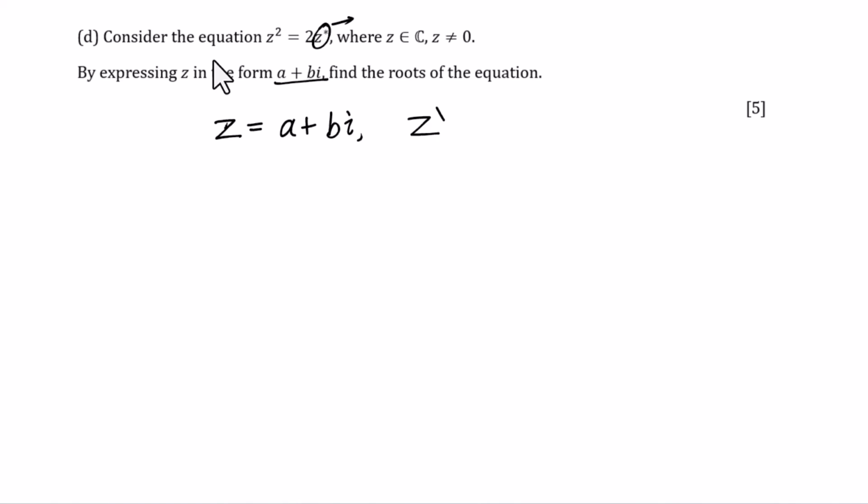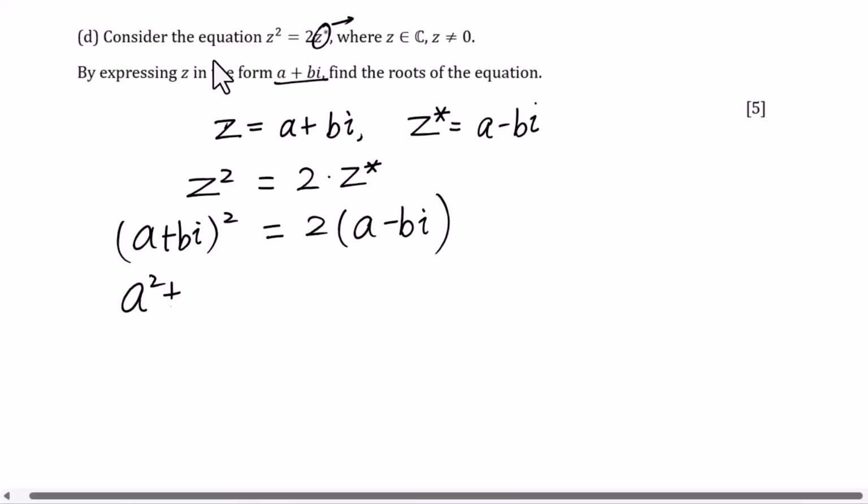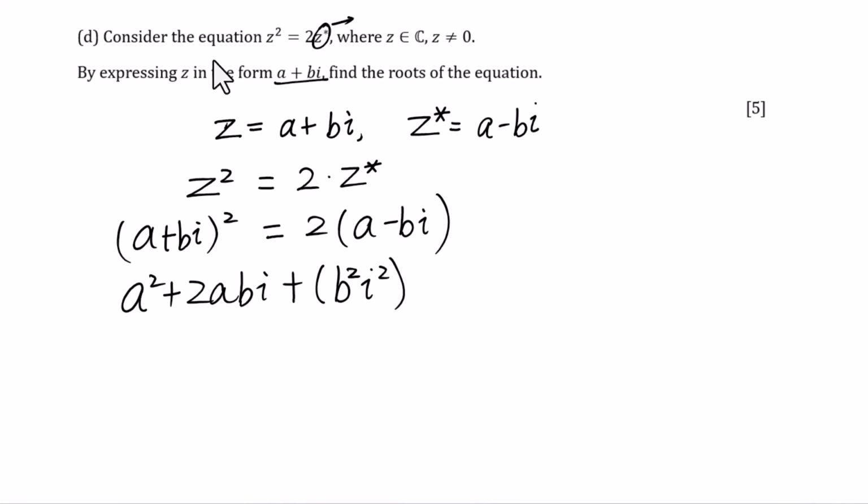Then z star equals a minus bi. (a plus bi) squared equals 2 times (a minus bi). a squared plus 2abi plus b squared i squared equals 2a minus 2bi.